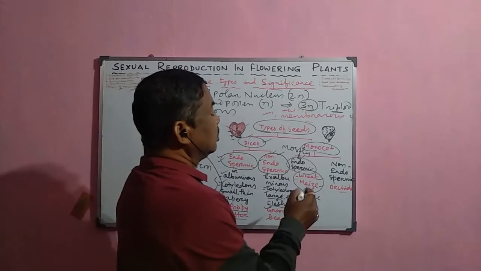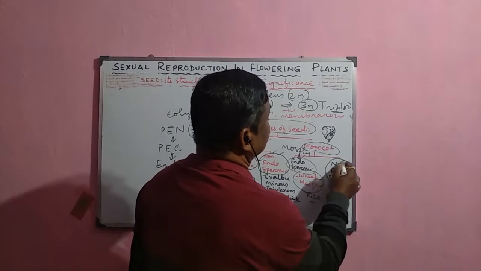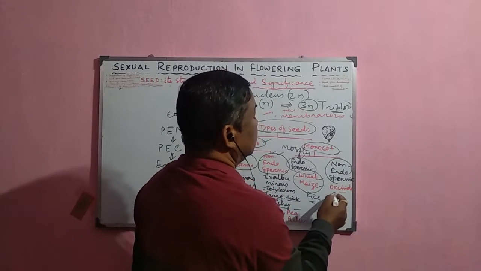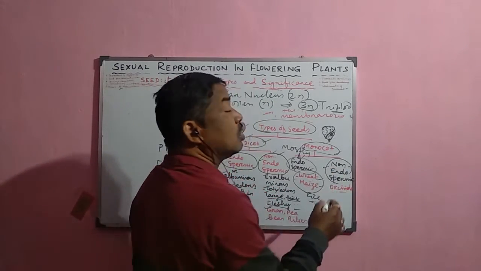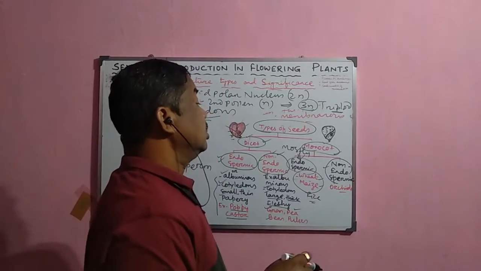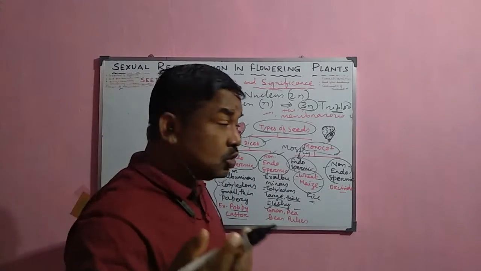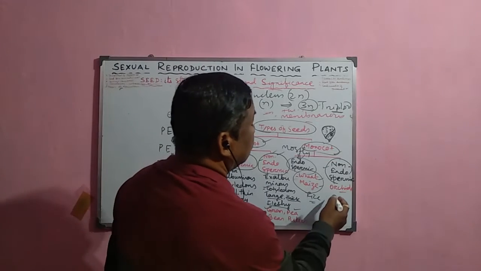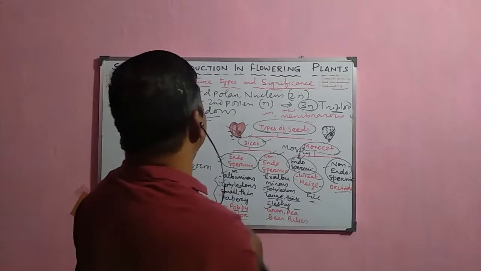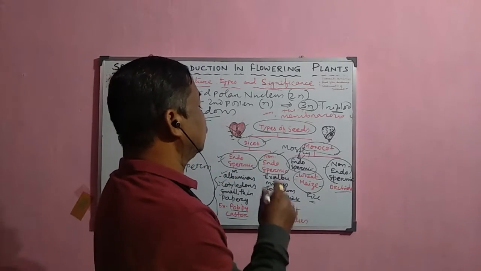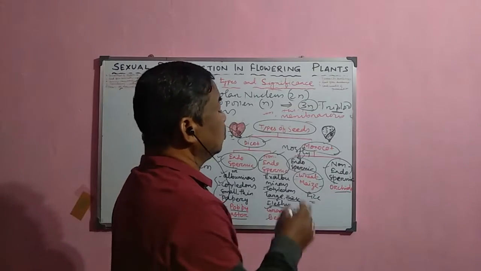But there are a few angiospermic plants, which are monocot plants, that are non-endospermic in nature. That means the endosperm is completely consumed, and the orchid seeds, which are very small, are non-endospermic in nature.